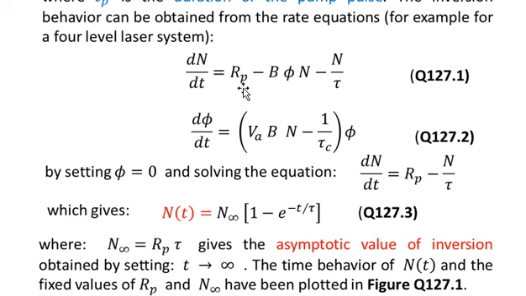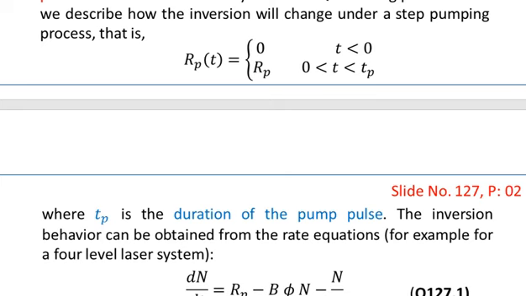Rp is the pump rate, which has been defined earlier as a constant pump rate, and Tp is the duration during which the pump will remain on. That is, the pumping process will continue for a time up to Tp, because Rp is a constant value. So the duration for this pumping process will be from the start of the laser, that is from time 0 to time Tp.